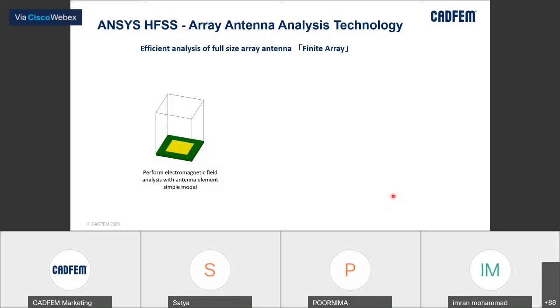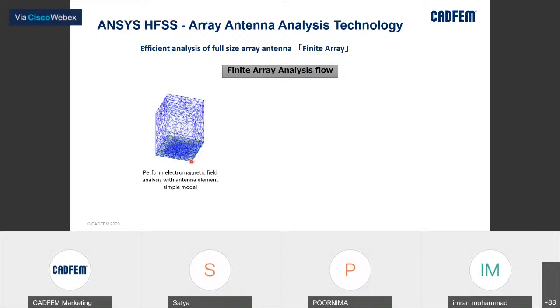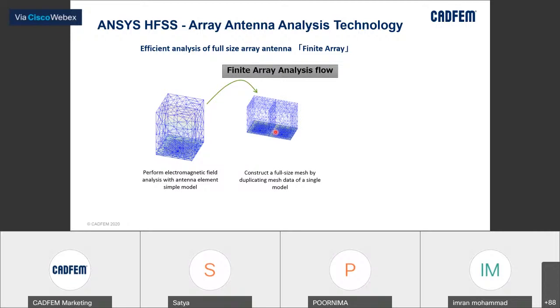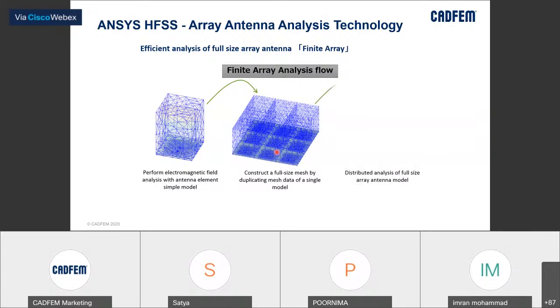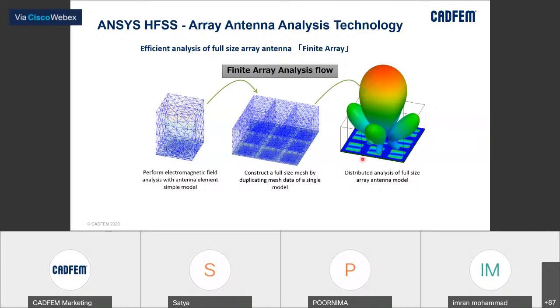So in this tool, we have something called the finite array domain decomposition method. So what we do over here? You can see over here, we have analyzed one antenna and the same mesh is being copied multiple times. Taking a simple 3x3 element, we are copying the mesh, and finally we are getting the analysis of that one.